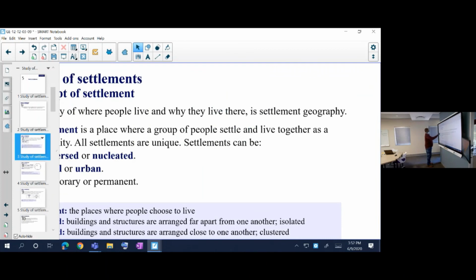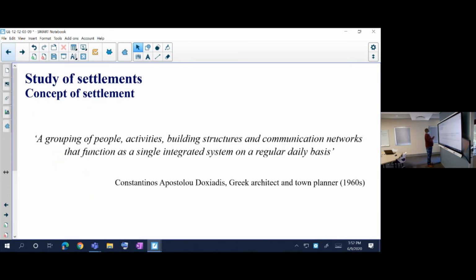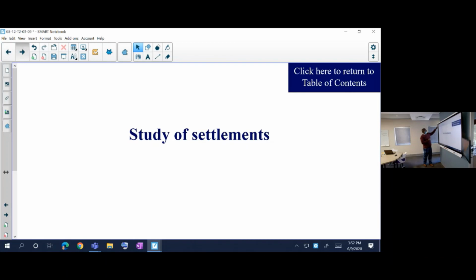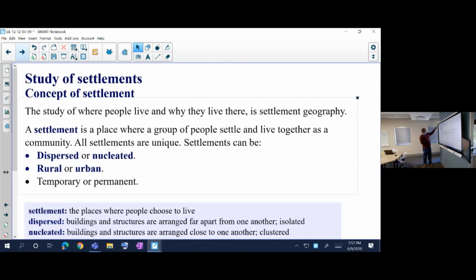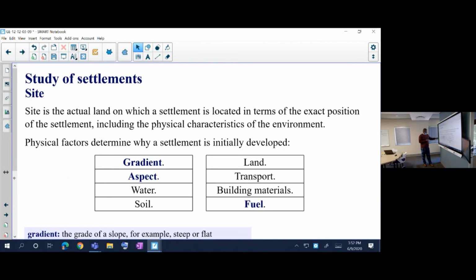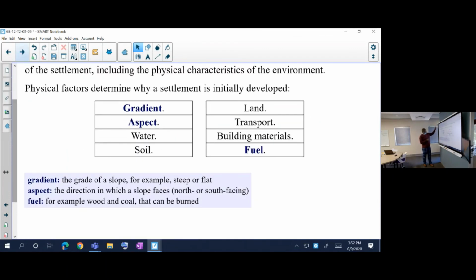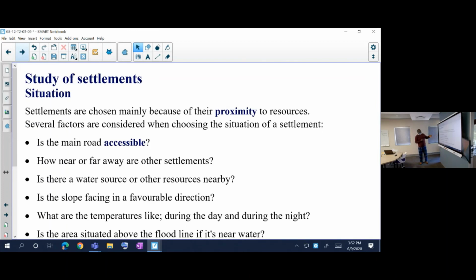Okay, just locating that page where we had the definitions. Okay. Here are the definitions that we were looking at.